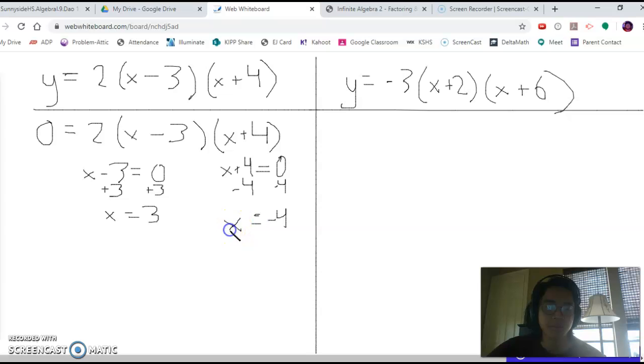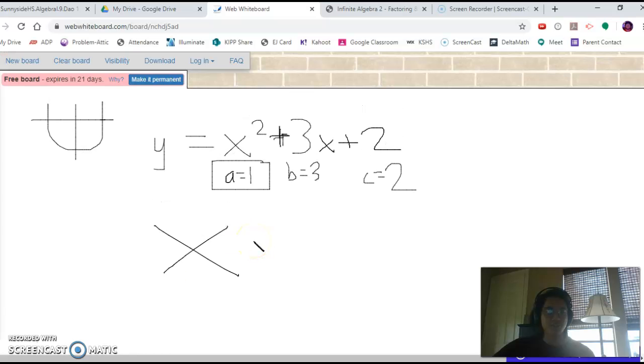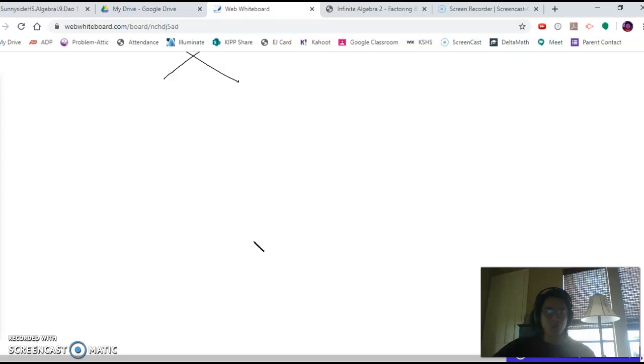Okay? And now what we can do is go to our graph and plot 3 on the x-axis. So this is going to be 3. And we're going to plot negative 4, which will be... My entire screen just disappeared. Cool.